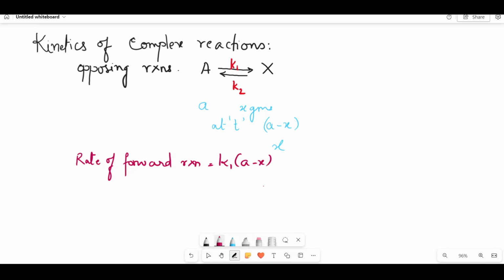But rate of backward reaction will be equal to k2 and only x.